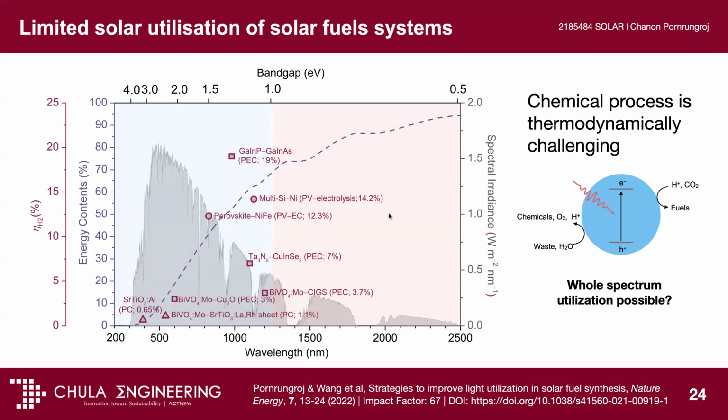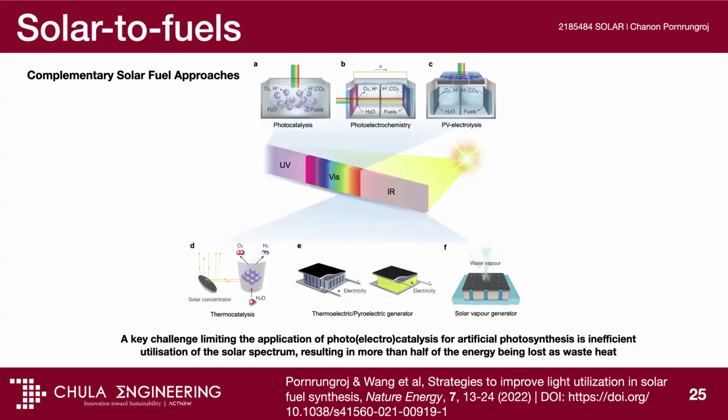And we can never go too far because, as I mentioned, it's about the band gap, right? You cannot go to a very low band gap. It doesn't work. So that heat portion of the solar energy will always be wasted if we don't do anything about it. We can only utilize so much because of the thermodynamic requirements.